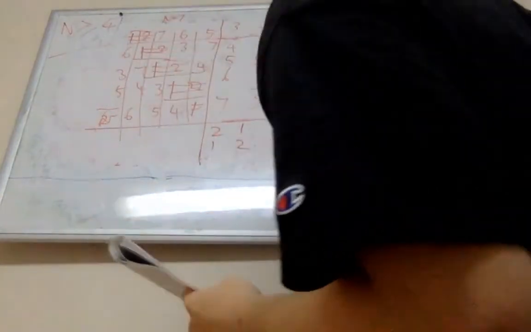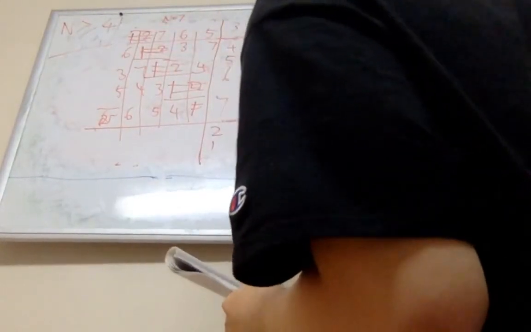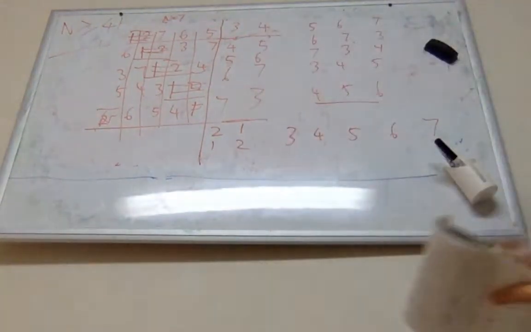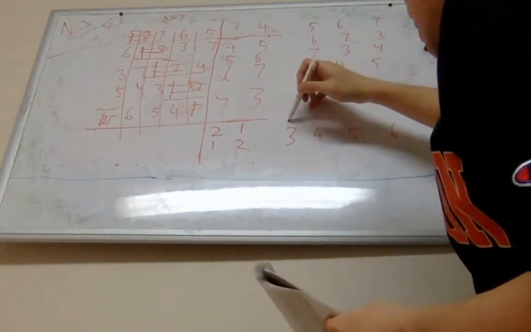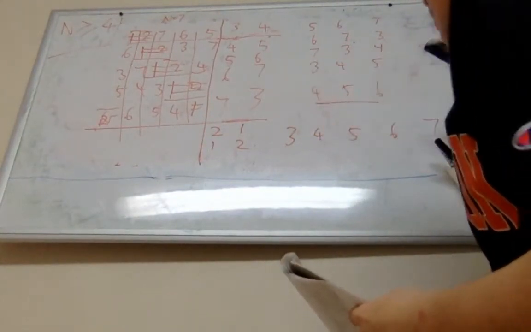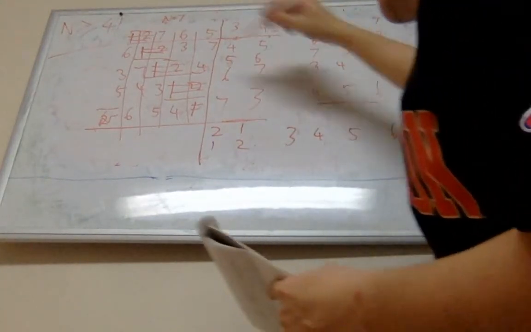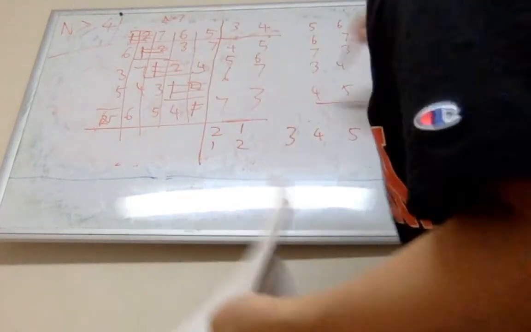Here we have 6, 3, and 5. 6, 3, and 5. Let's consider this array: 3, 4, 5, 6, 7. 6, jump 2 steps, wrap it back. 3, jump 2 steps, you get 5. 7, jump 2 steps, you get 4. Jump 2 steps, you get 6. Here 3, 5, 7, 3, 5, 7, which is a perfect jump.